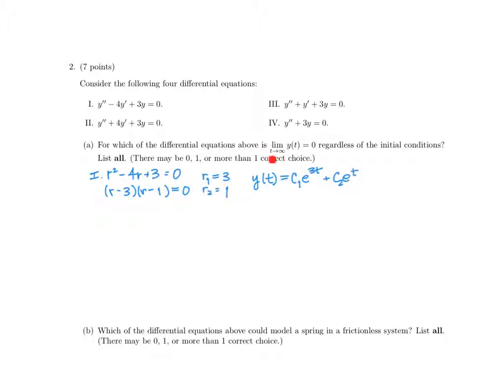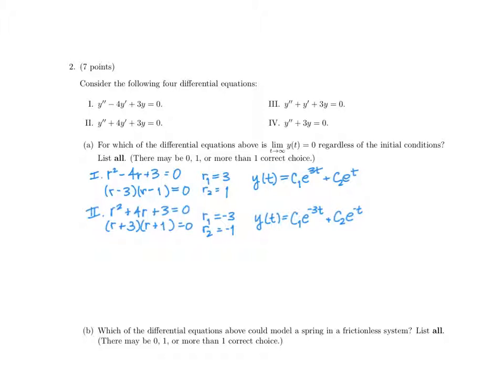There's just absolutely no way that, given that c1 and c2 are constants, y of t is going to be equal to 0 in the limit. So 1 is unfortunately disqualified. Both of these will grow without bound in magnitude, maybe positive infinity, maybe negative infinity, but one or the other. Let's take a look at possibility 2.